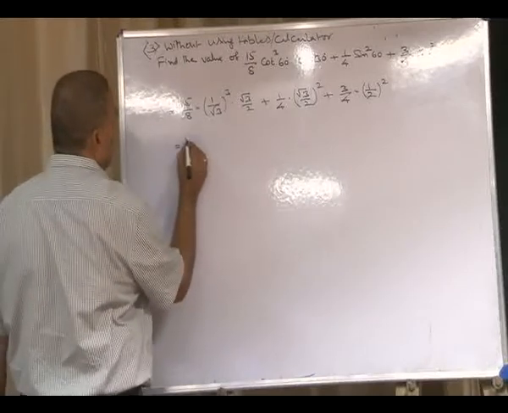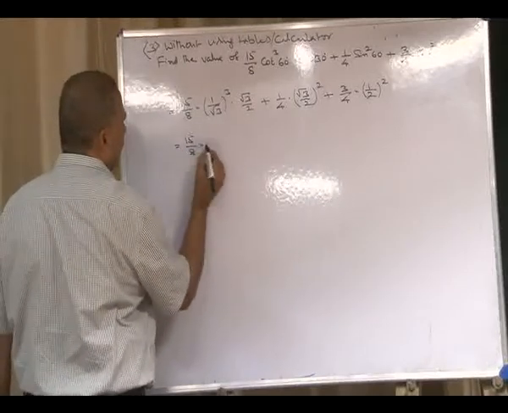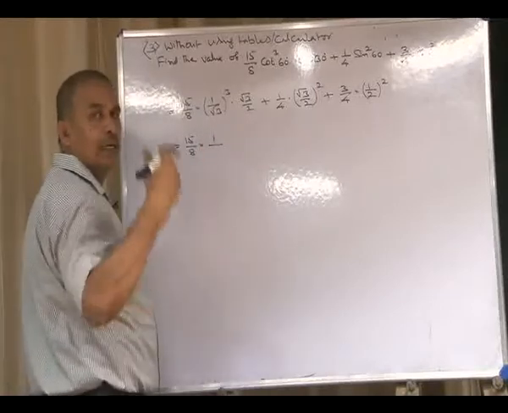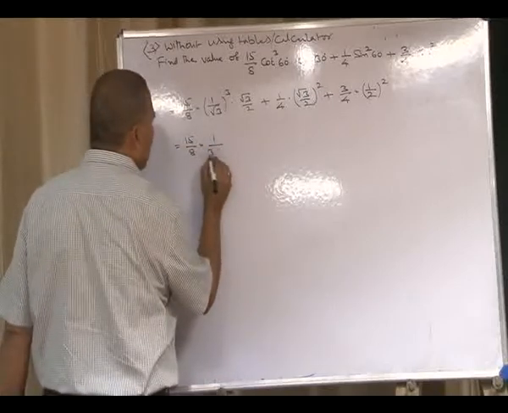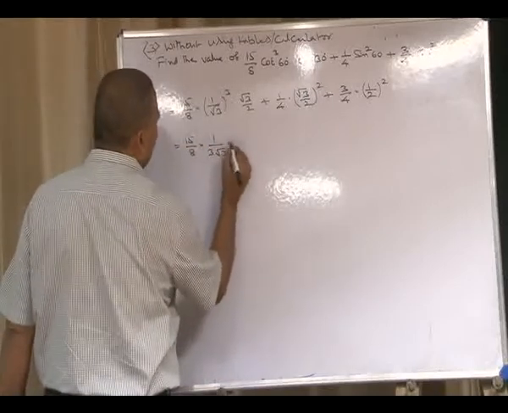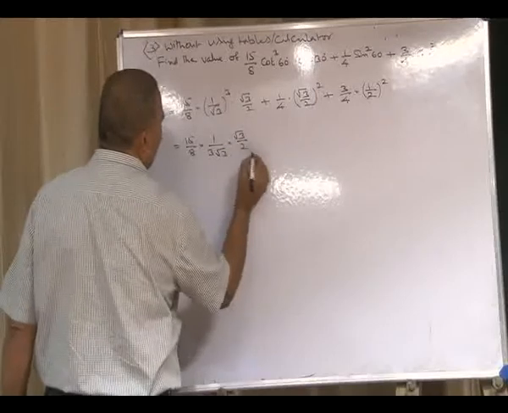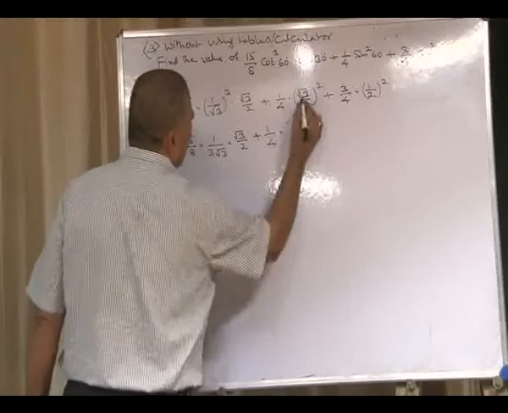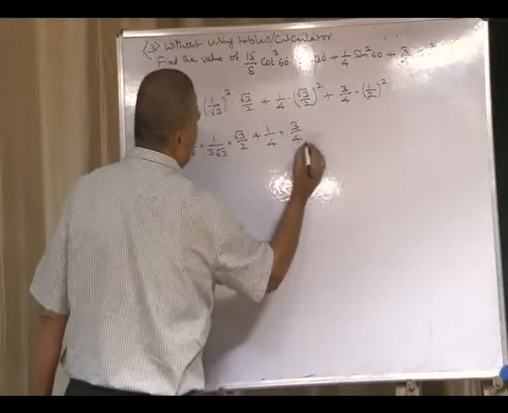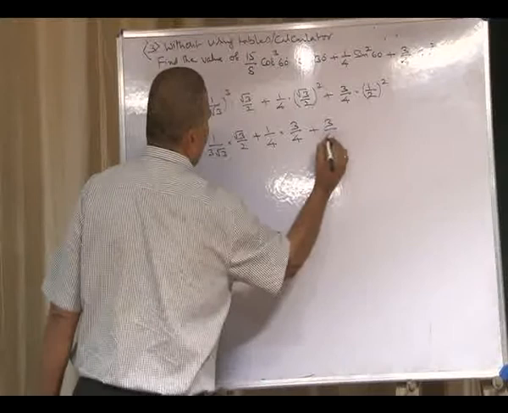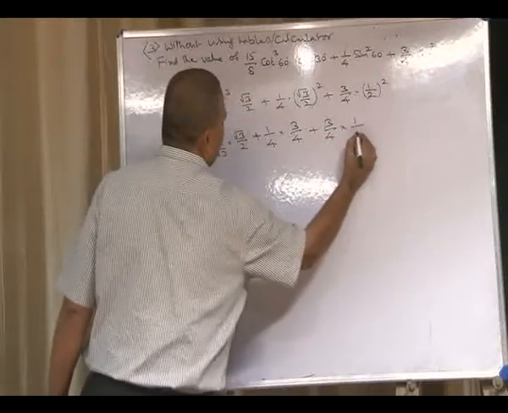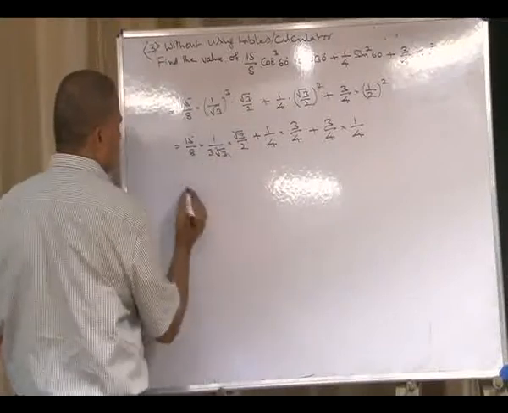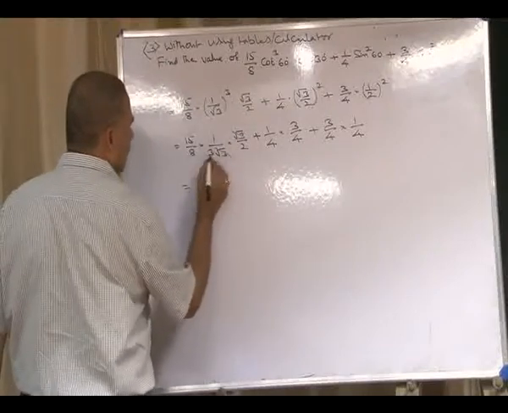That is equal to 15 by 8 into 1 by root 3 the whole cube is 1 by root 3 into 1 by root 3 into 1 by root 3 is 1 by 3 root 3 into root 3 by 2, plus 1 by 4 into root 3 square is 3 by 2 square is 4, plus 3 by 4 into 1 square is 1 by 2 square is 4. Here this root 3 cancels, that is equal to 15 into 3.